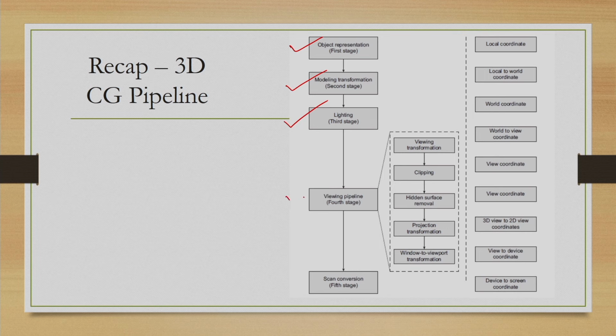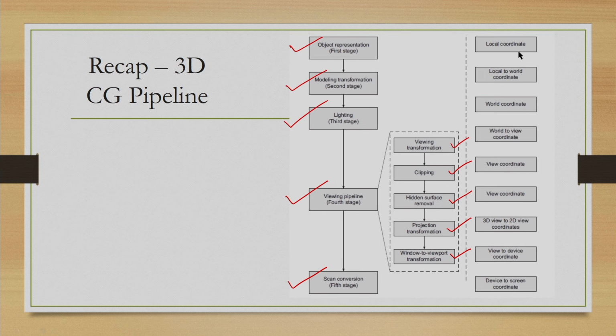This is called the viewing pipeline, which consists of a sub pipeline which has 3 stages and 2 operations: viewing transformation, clipping, hidden surface removal, projection transformation and window to viewport transformation. And the final stage of the pipeline is scan conversion or rendering.